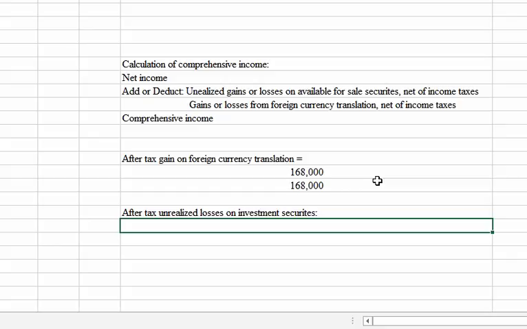So when we're calculating this one, let's say what the loss was, $80,000 times, well, what's the amount of the loss after the tax benefit? Our tax benefit would be 30%.